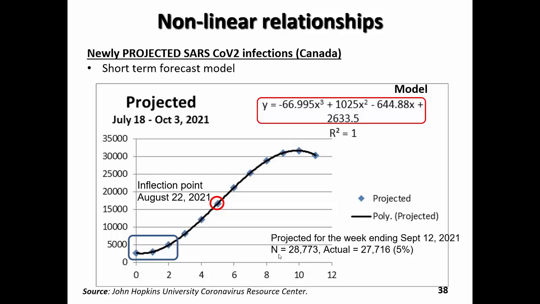But the projected number was 28,773. So the nonlinear model, 1 week later, had an error of 5%. And so the nonlinear model was actually quite good in terms of predicting the number of new cases, with an error of 5%.